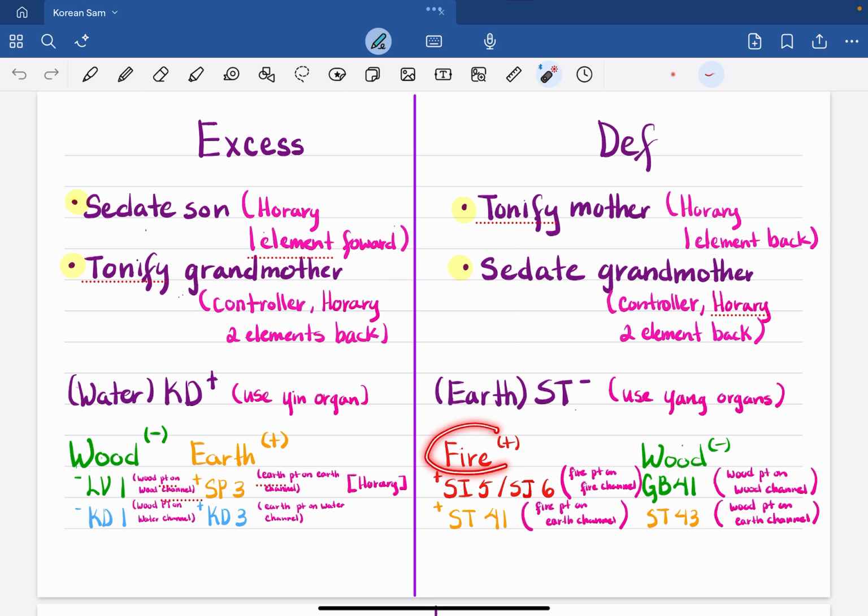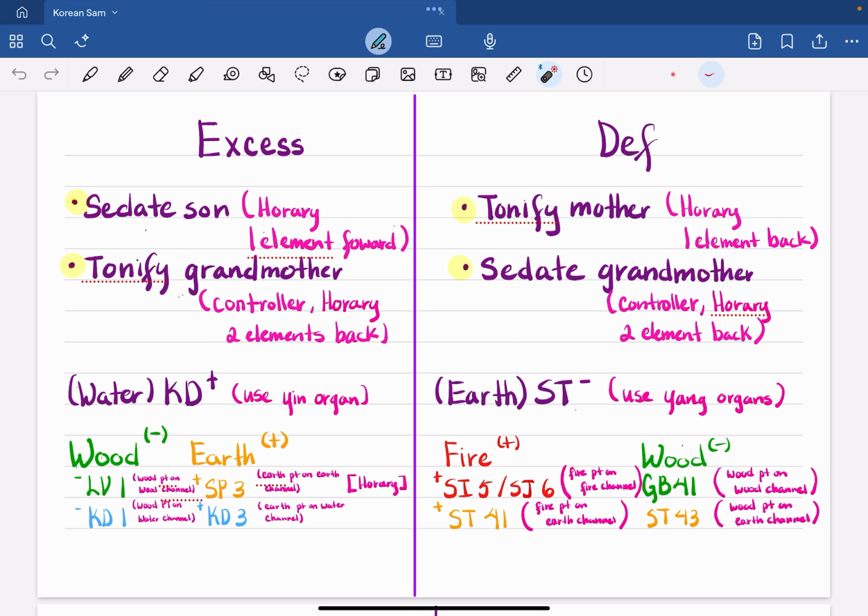In this case, you tonify the fire. In this case, you sedate the wood. We're using yang organ because we're talking about a yang conditioned organ right here, stomach. So we know that there's 2 fire yang organs, SI and Sanjiao. So the horary point, SI5 or Sanjiao 6 would be it for here.